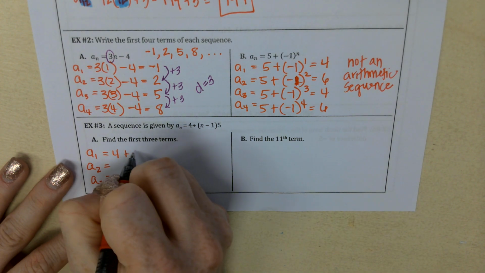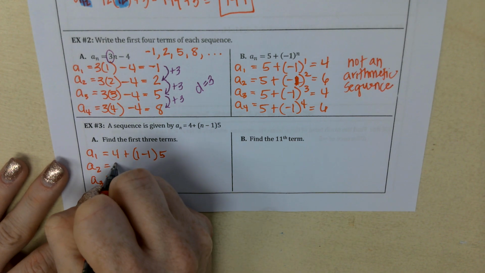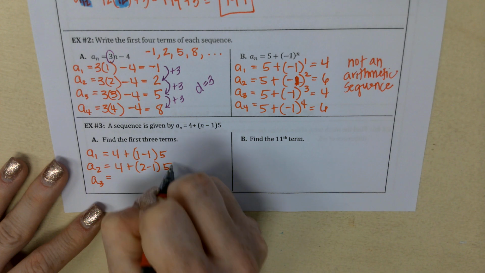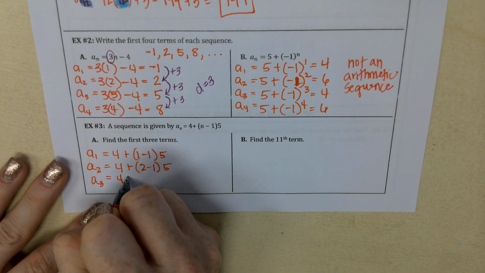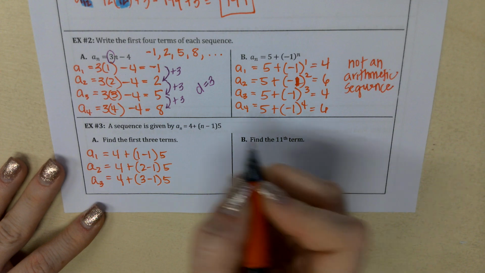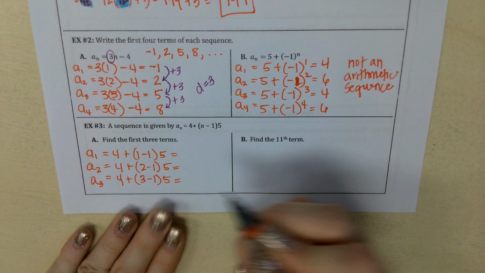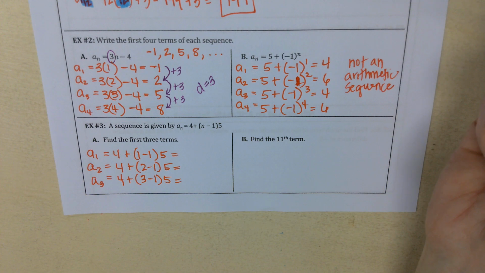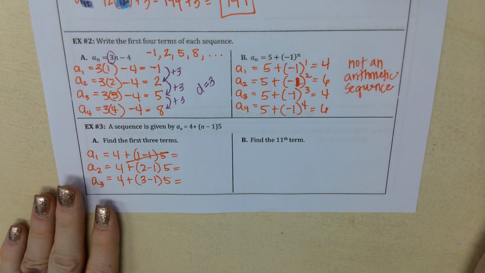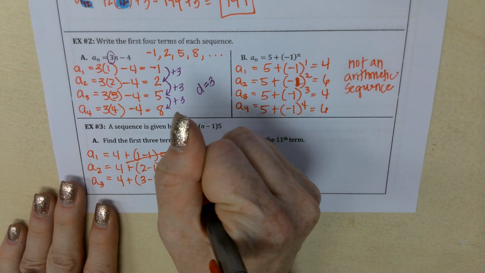So 4 plus 1 minus 1 times 5. 4 plus 2 minus 1 times 5. And 4 plus 3 minus 1 times 5. What's 1 minus 1? 0. So this whole back part just goes away because 0 times 5 is 0. And then you've got that 4.